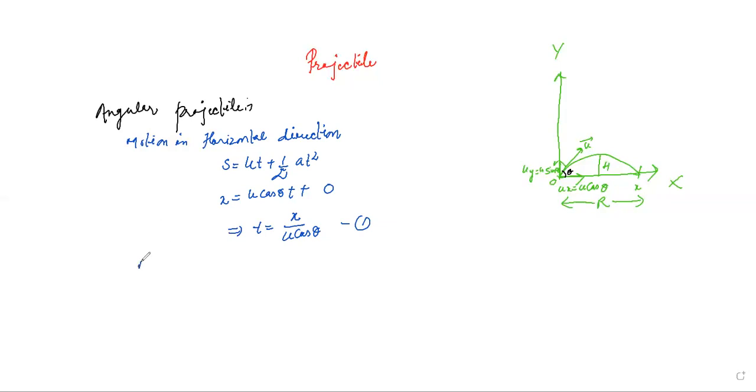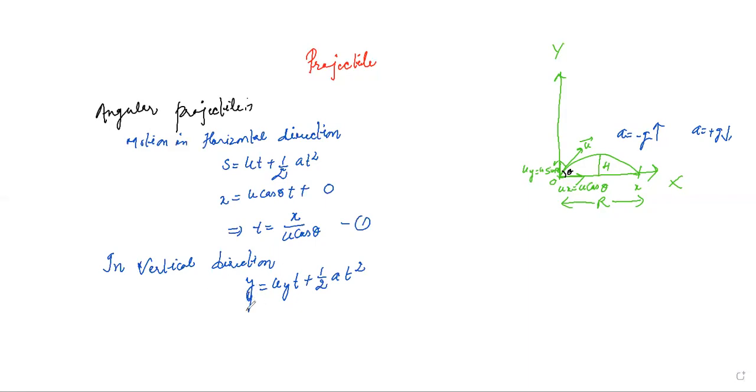Now, motion in vertical direction. We use the same equation, but here s equals y, and y equals uy t plus half a t square. Here acceleration due to gravity in vertical direction, if we take upward direction, then a equals minus g. That means in upward direction a equals minus g and a equals plus g in downward direction.